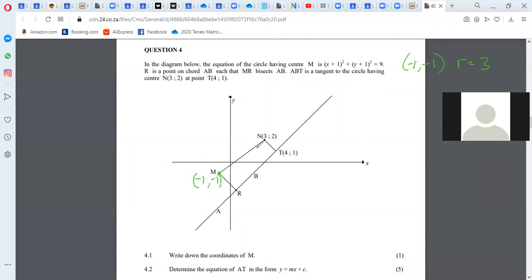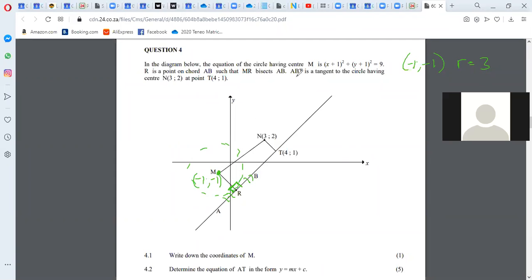R is a point on the chord AB such that MR bisects AB. Now remember, if this is a center onto a chord that is the midpoint, then it is perpendicular. Right? Because remember, there's a circle around here. They told you M is the center of a circle.